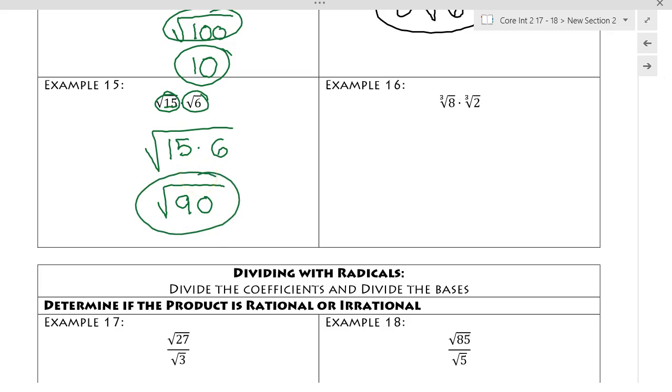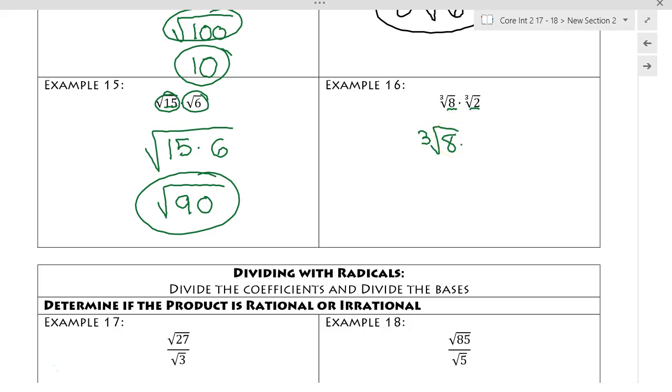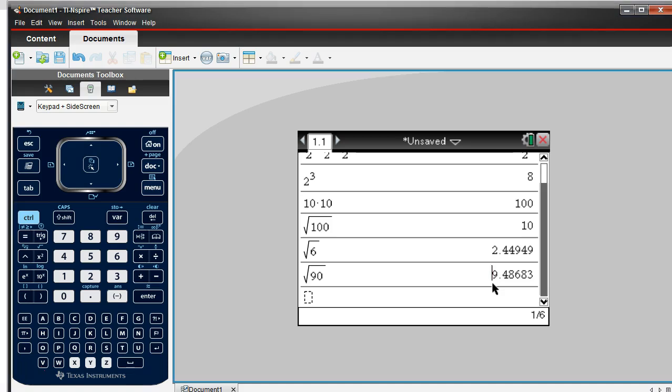Okay? Example 16. Even with cube roots, it still works the same. I multiply the inside. Cube root of 8 times 2. That's the cube root of 16. I can still type this in my calculator.